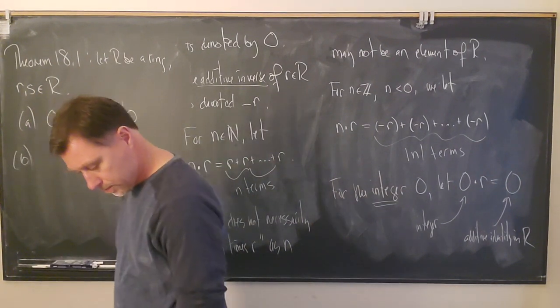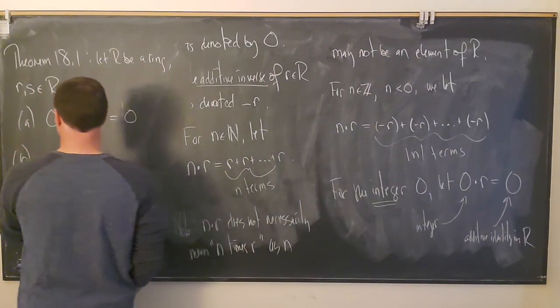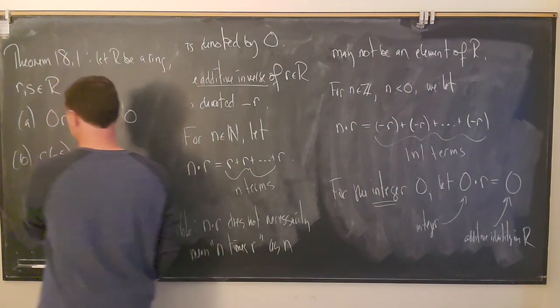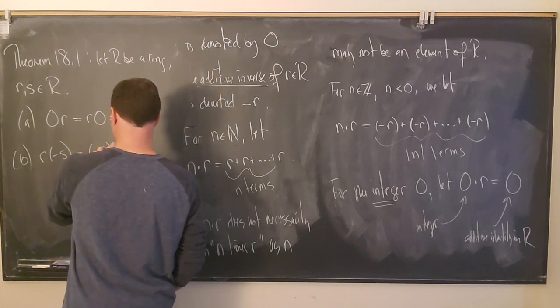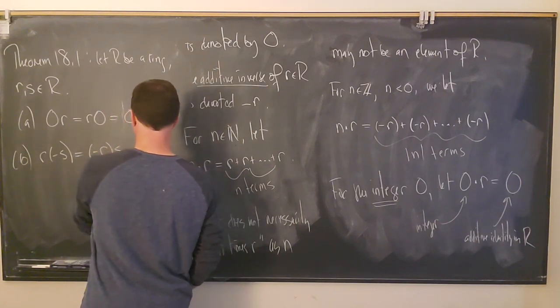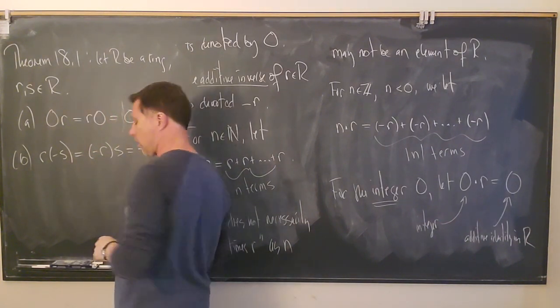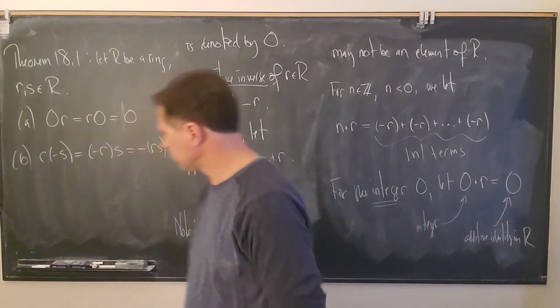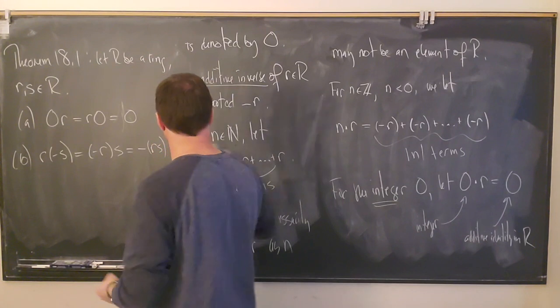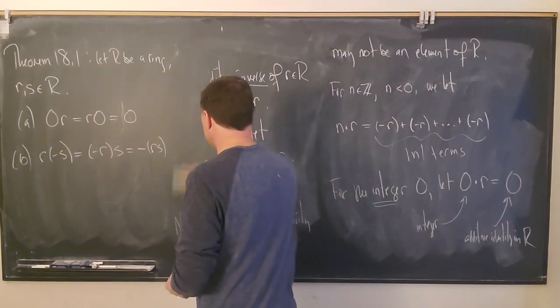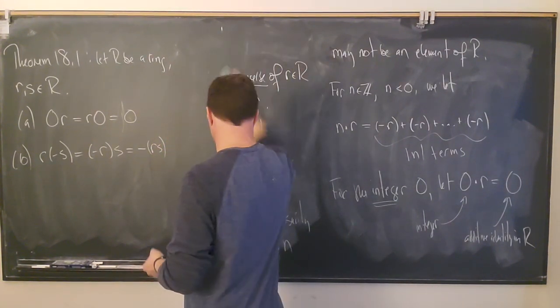Part B: r times minus s equals minus r times s, which equals minus rs. This looks like it should work, and it does if we're dealing with real numbers or integers.